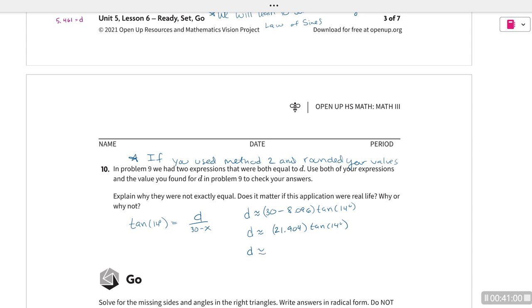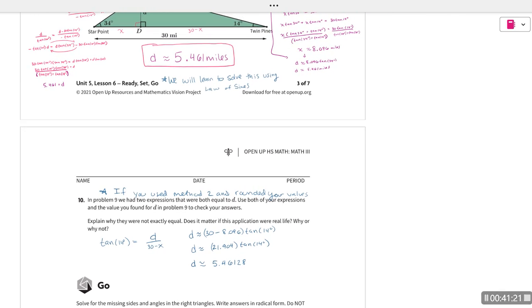So d equals, if I take this and multiply by tan of 14, I get about 5.461. I'll go to 5 decimal places here. So I get 4.6128 miles as my answer.